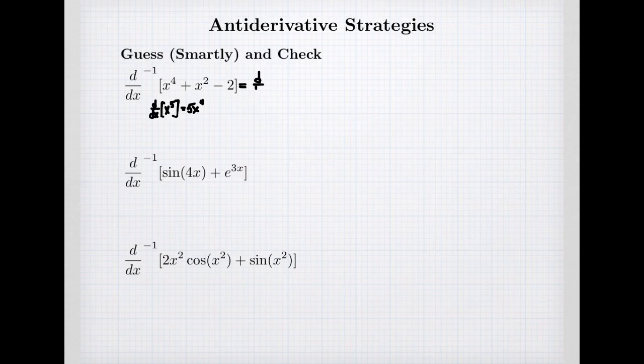I want to find an antiderivative of 5x to the fourth. But you can't just multiply by 5, you have to multiply by its inverse. So 1/5 and 5 are inverse, so that when I multiply them, I get back x to the fourth.